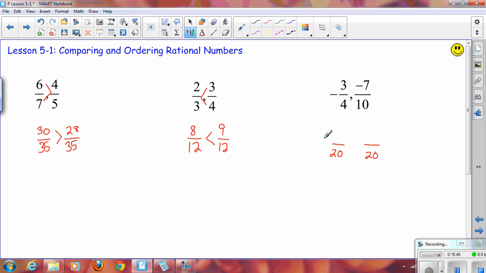Okay, remember, these are both negative fractions. Okay, 4 times 5 is 20. 3 times 5 is 15. 10 times 2 is 20. 7 times 2 is 14. 14 is smaller than 15, but negative 14 is bigger than negative 15. And that's that answer.